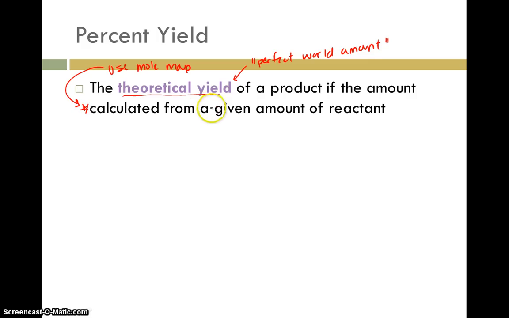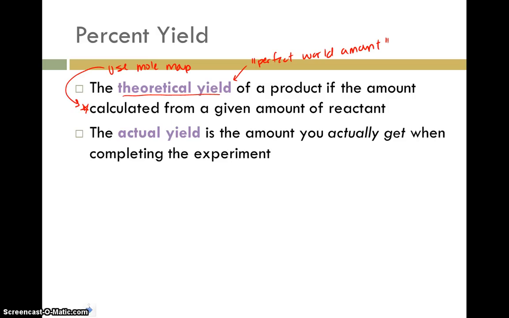Your theoretical yield is what you should get in a perfect world, because when we do our mole map calculations, we're calculating how much we should get if we do the lab perfectly. So the theoretical yield is what you should get in theory. This is always the number that you're trying to get. So this is our perfect world amount.